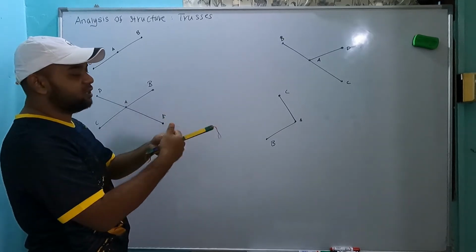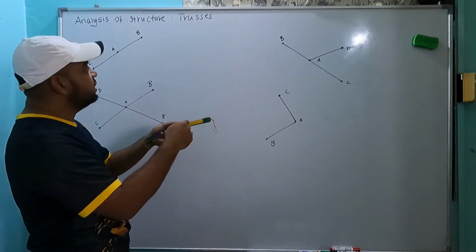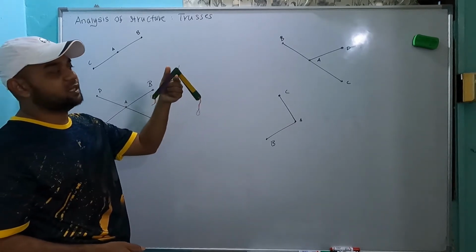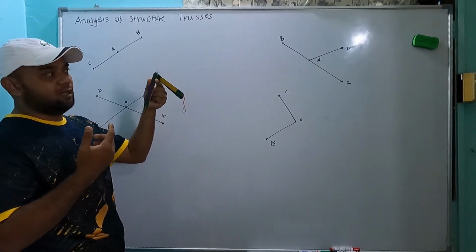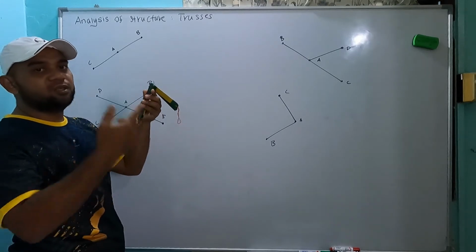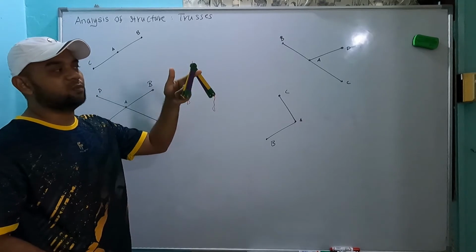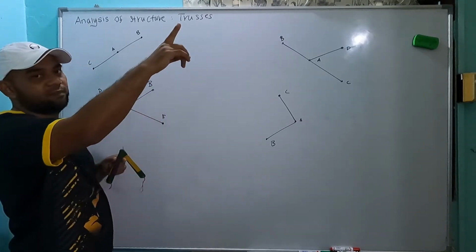If there is nothing, because of the pin joint, the component will not stay in this position. It will bend, because it is a pin joint. If there is no force acting on that component, it will not stay in line.